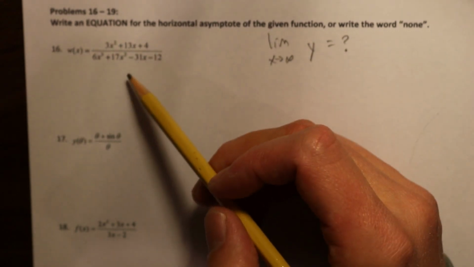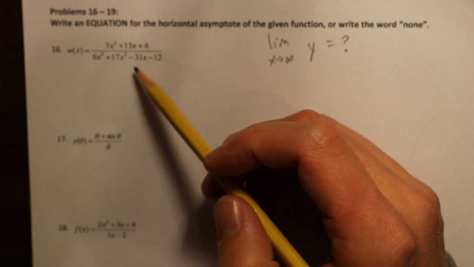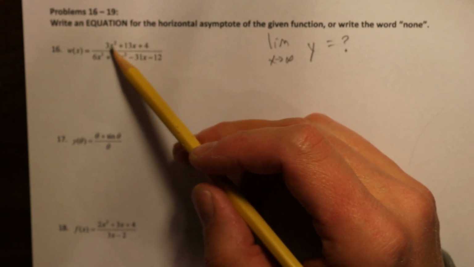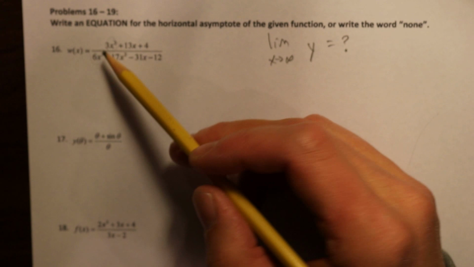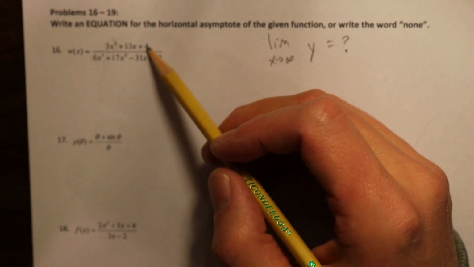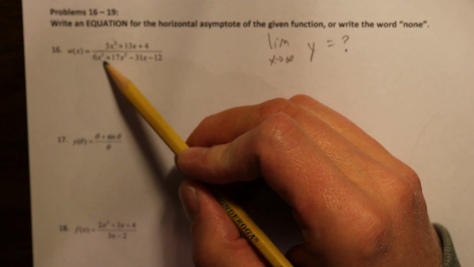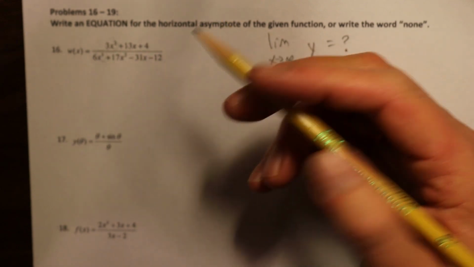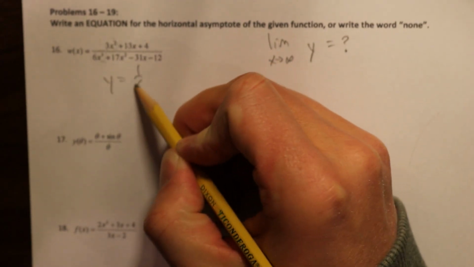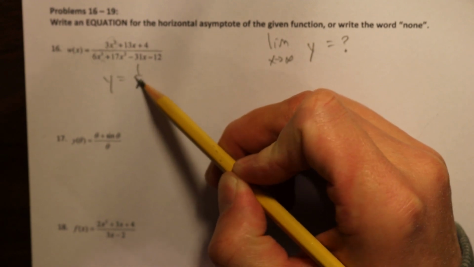In number 16, if we were to plug in like 10 bazillion for x, we would get pretty much infinity over pretty much infinity. However, if you look for where the greatest power of x is, it lies in the denominator, which means it's going to kind of model this sort of function. This is the simplest function where the greatest power of x is in the denominator.